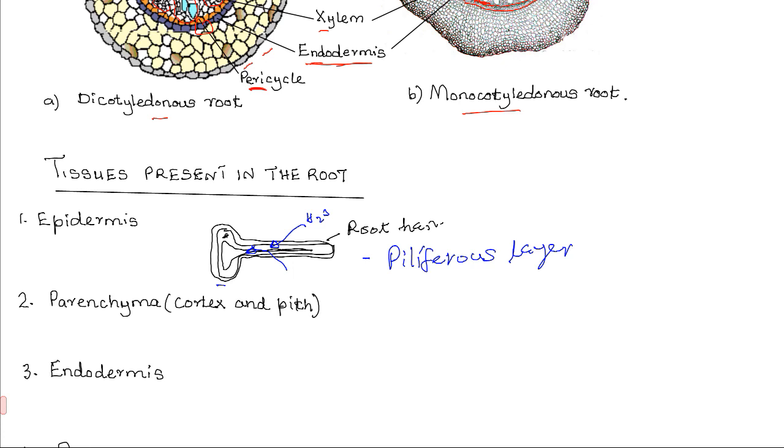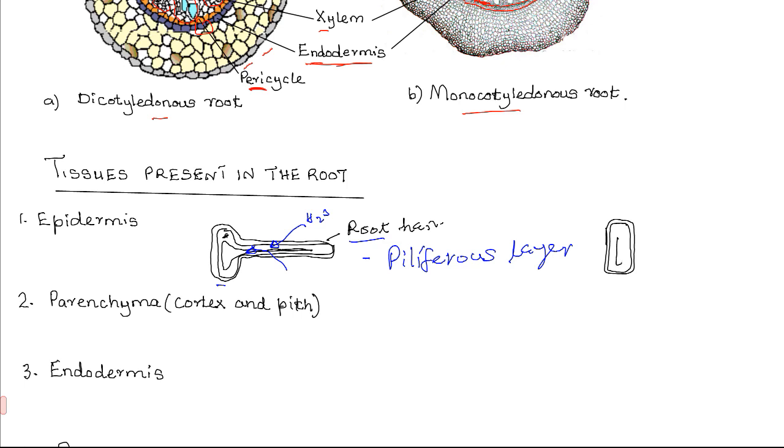Now, as the root tissues mature, these root hair cells lose their root hair, they become less permeable, and they assume their protective function. So they become protective instead of absorptive.